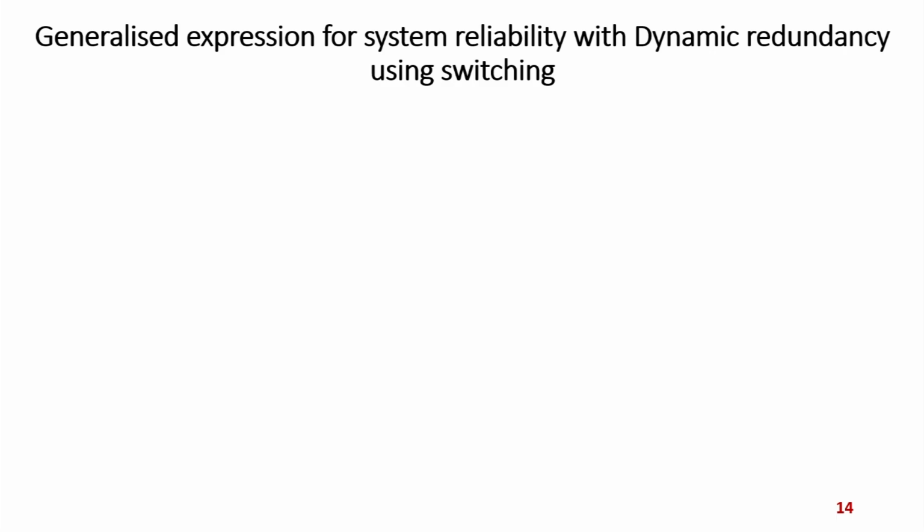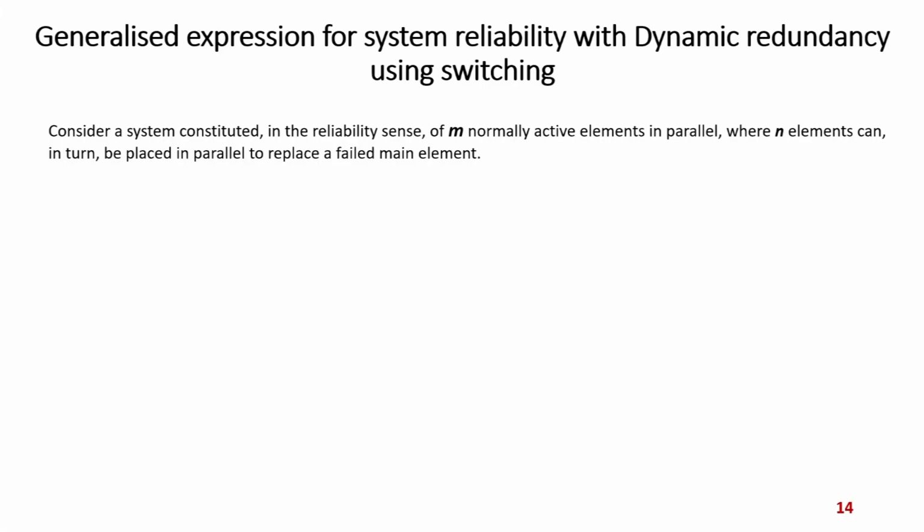Generalized means we will consider some variable m or n or i or k to represent the total number of elements and the minimum number of elements which are required for the operation of the system. So, let us consider a system which is constituted in the reliability sense of m normally active elements in parallel, where n elements can in turn be placed in parallel to replace a failed main element.